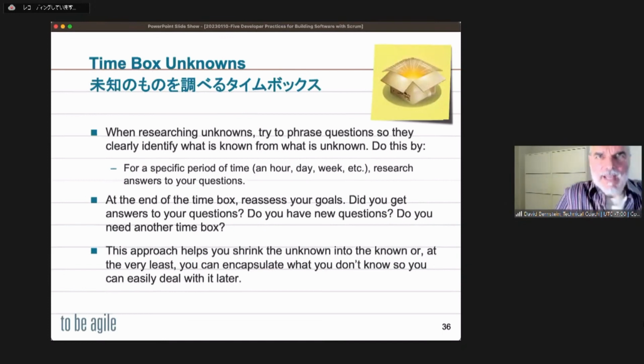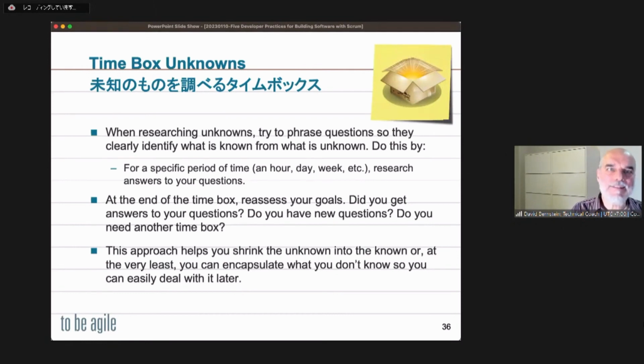So like I just said, I oftentimes go into iterations with unknowns because it turns out that it's not as efficient to try to figure out everything up front. It's hard to visualize everything up front. And so it's easier to figure things out as we're in the moment, as we're building something.